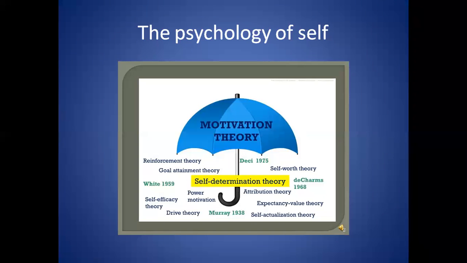Self-determination theory, which is the basis of today's talk, grows from theories such as reinforcement theory. Attribution theory has to do with, as you probably know, whether we take responsibility for the actions we've taken, or blame it on the environment or someone else. And self-actualization theory, which most of us studied in school, remembering Maslow and the pyramid.